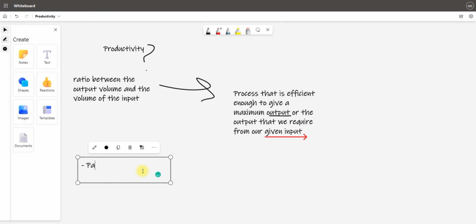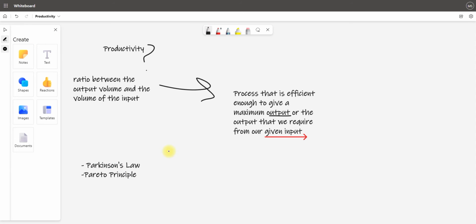The first law is the Parkinson's Law, and the second is the Pareto Principle. Now, moving forward, we'll be discussing this law first.